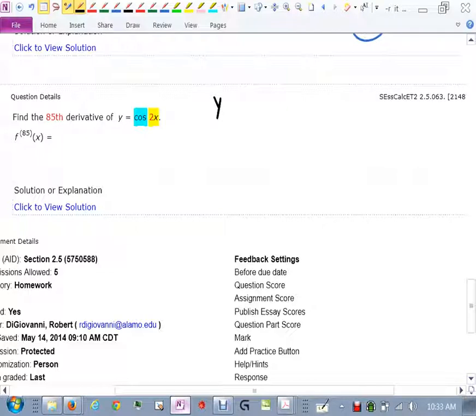So we know that y was equal to cosine of 2x. When we took the first derivative of y, we got negative 2 sine 2x. When we took the second derivative, we got negative 2 times 2 cosine 2x.